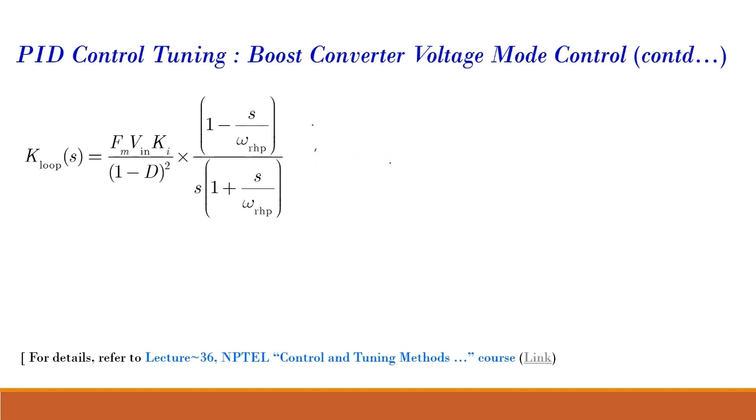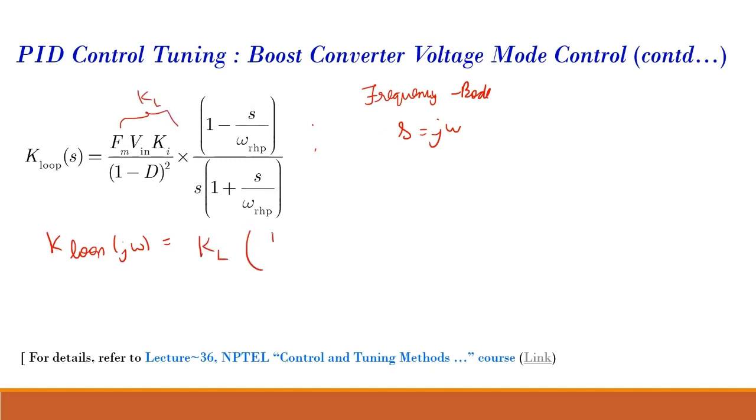Now I am going to find the frequency response. It is a frequency response we have using Bode plot, etc. So what we do is we substitute S by J omega. So K loop of J omega will be KL into 1 minus J omega upon omega RHP, divided by J omega into 1 plus J omega upon omega RHP.